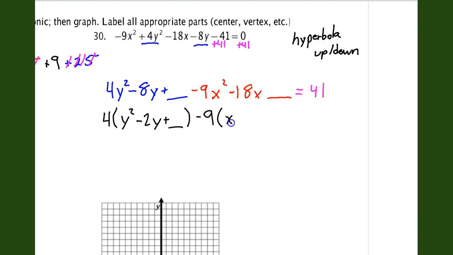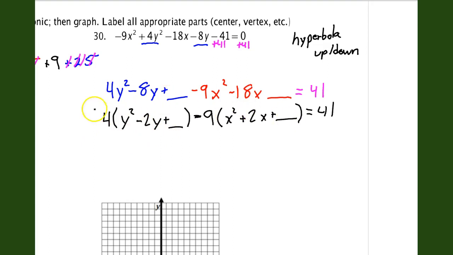So I'll have x squared, and this will be plus 2x, leave a space. That equals 41. Notice how this is positive because I took out the negative as well as the number. If you want to double check, these should multiply back to whatever's above it, and negative 9 times 2 does multiply back to negative 18. So I know I'm okay here.